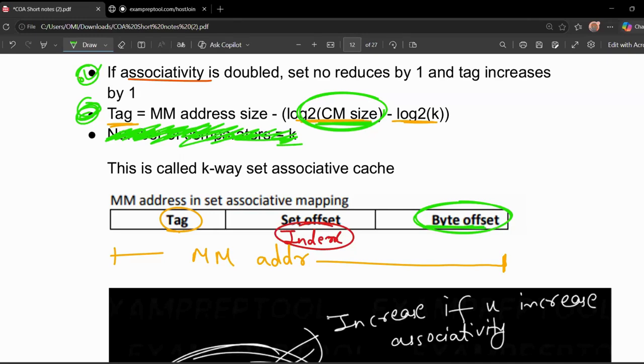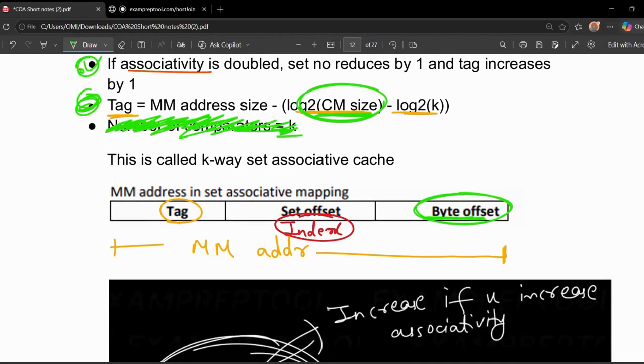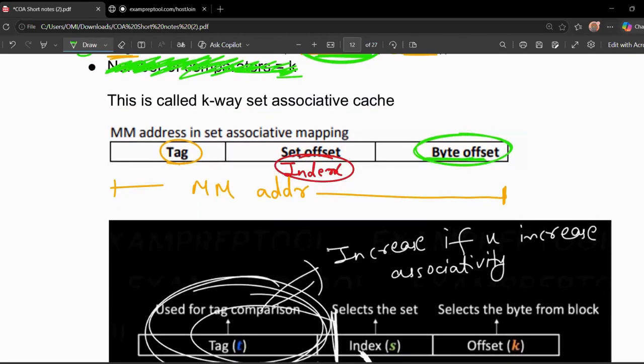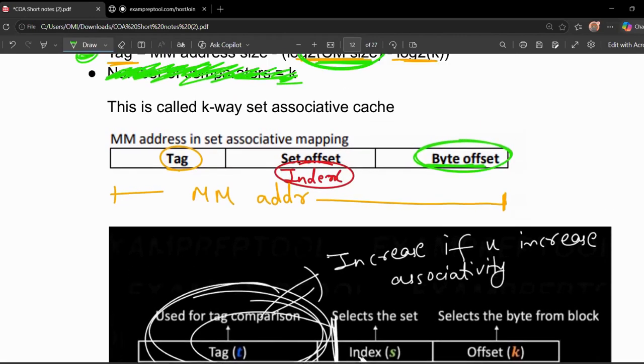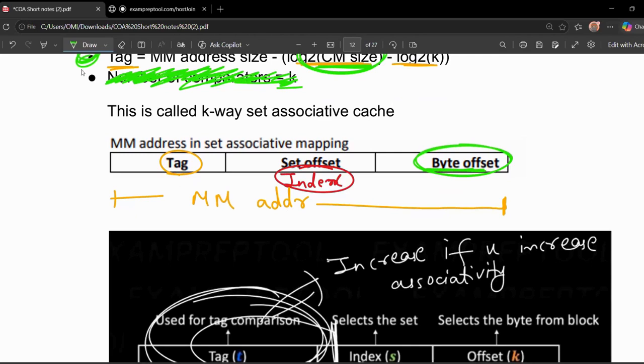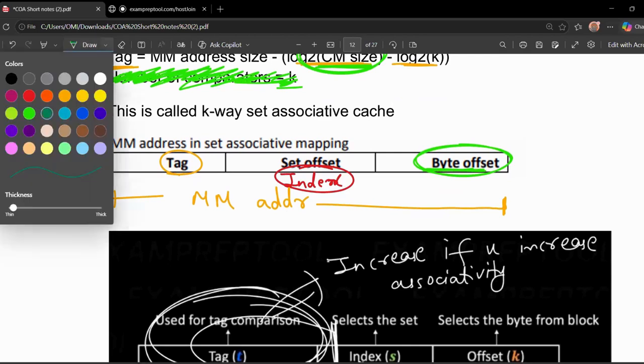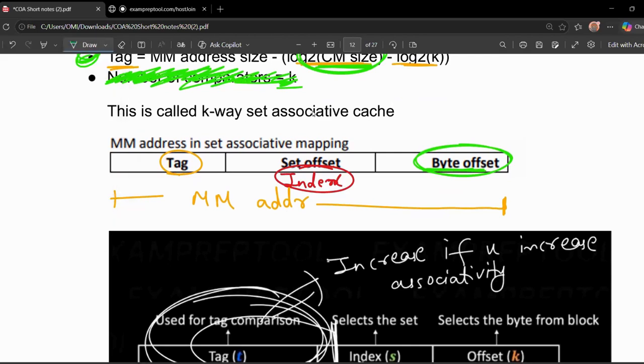I think it was GATE 2008 or 2010 or 2013, I don't remember the exact year, but it is not required in the short notes. When you do the entire course, I think your instructor has told you, but it is not required in the short notes.